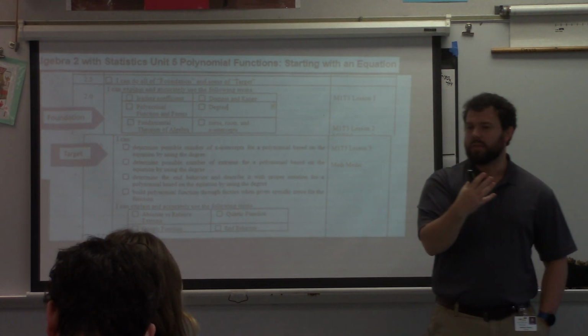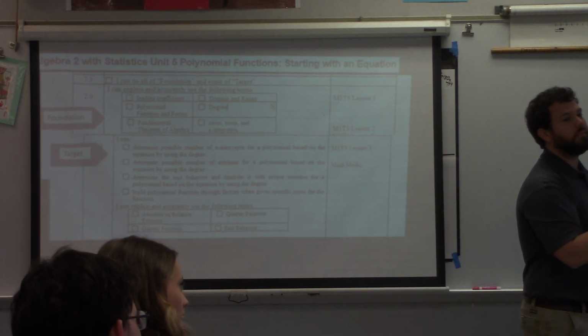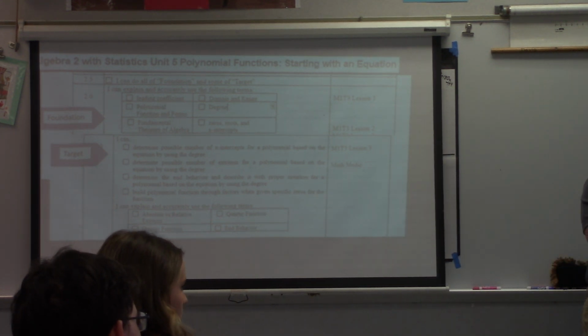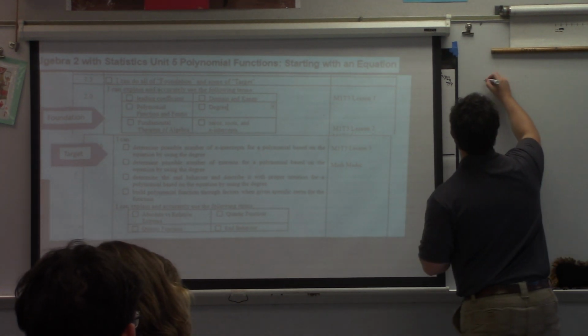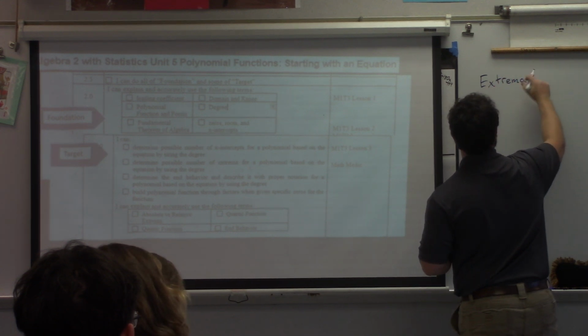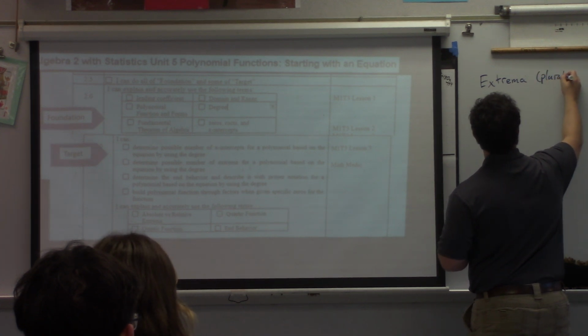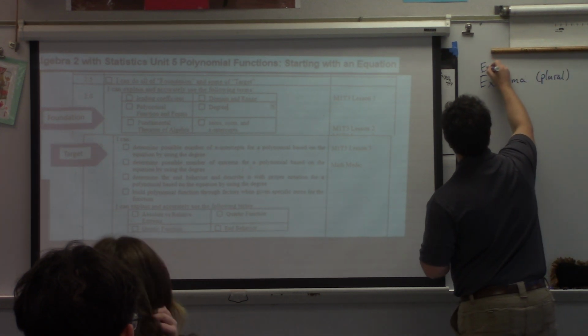What's another term that we have already learned, or actually 2 words, that make us think of extreme values? Maximum and a minimum. In mathematics, when we say extrema, that just means extreme. Now, first off, I will point out it's coming from a Latin root, so this is plural. If you only have one, it's going to be extremum.